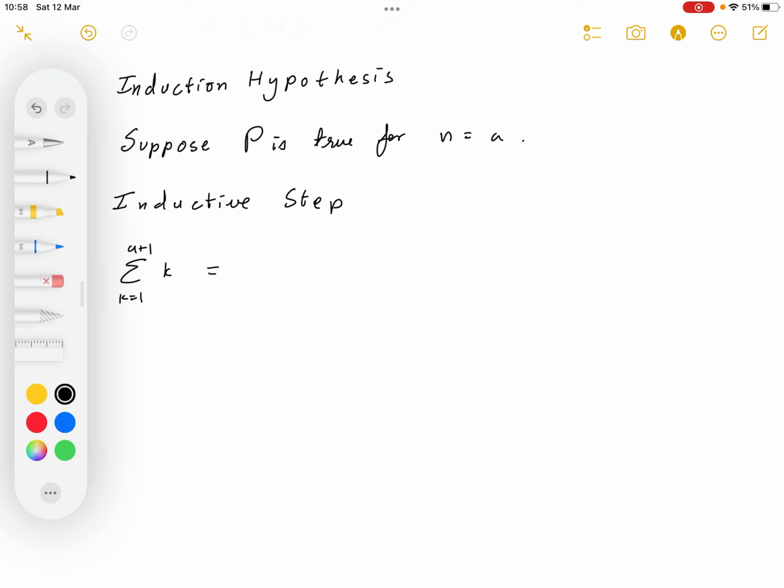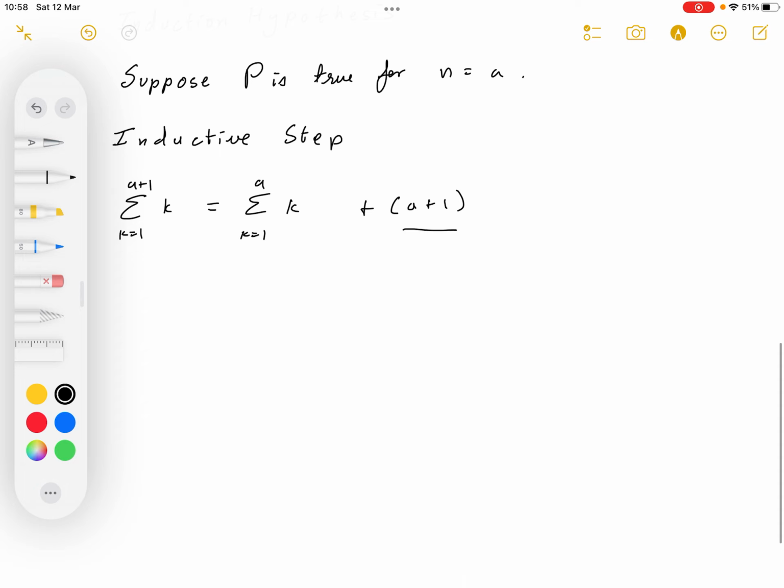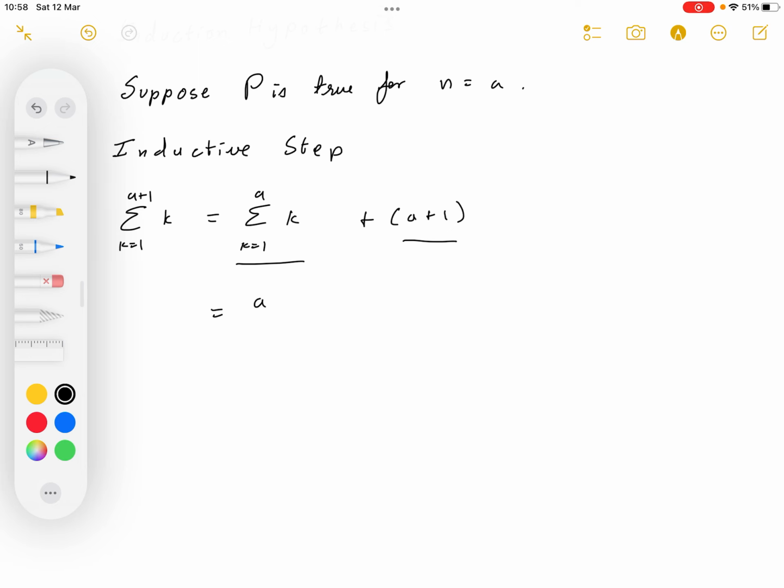This is equal to the sum k equals 1 up to a of k, plus a plus 1. We're just taking the last term and writing it outside. From the induction hypothesis, we know what this is. It's equal to a times (a plus 1) over 2 plus a plus 1. And this is from the induction hypothesis because we assumed P is true for a.